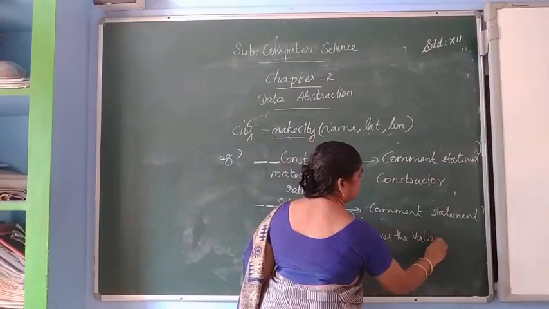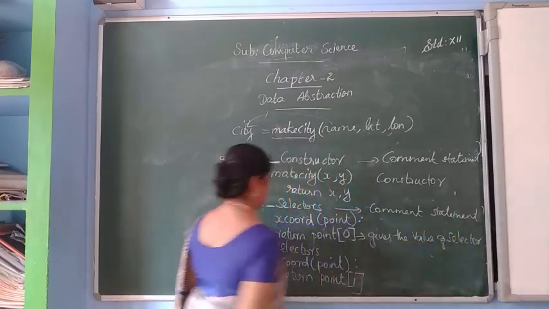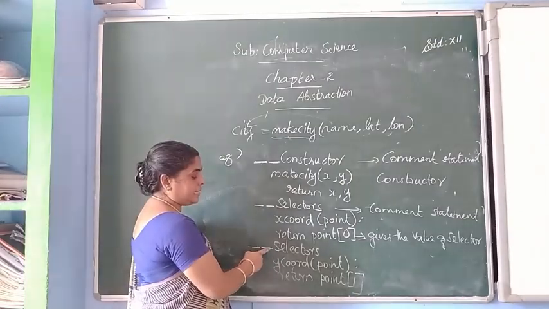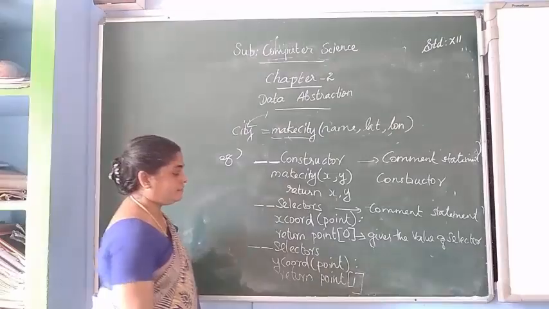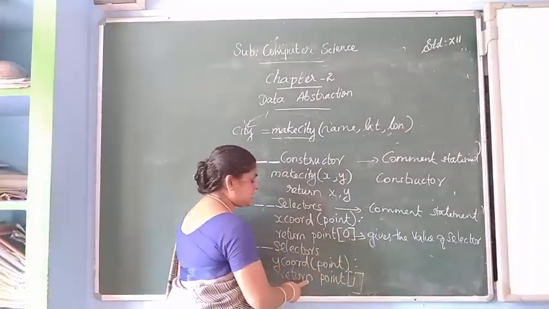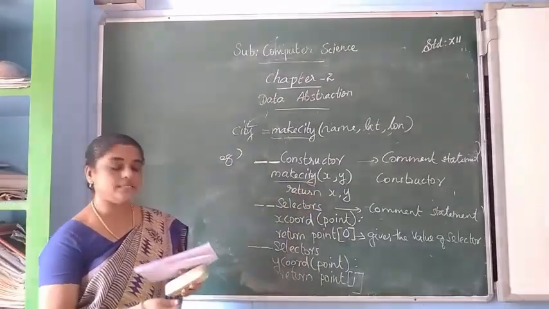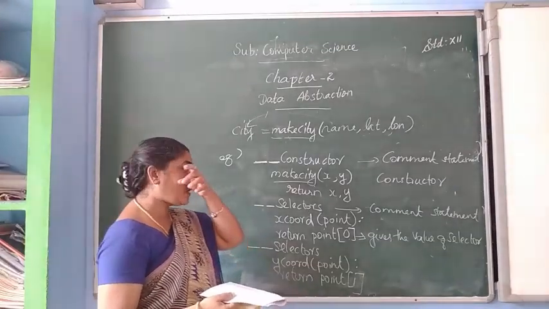Same as here, Y coordinate. This is the comment line. Here it gives the value of the selector. So this is known as selector and this is known as constructor. This is a simple example for constructors and selectors. Can you understand?